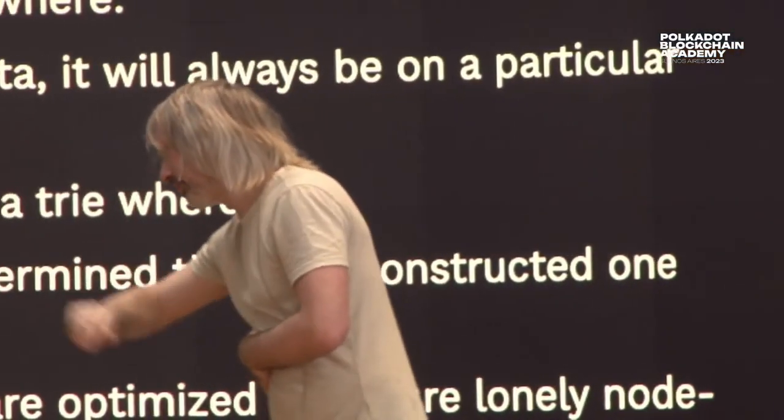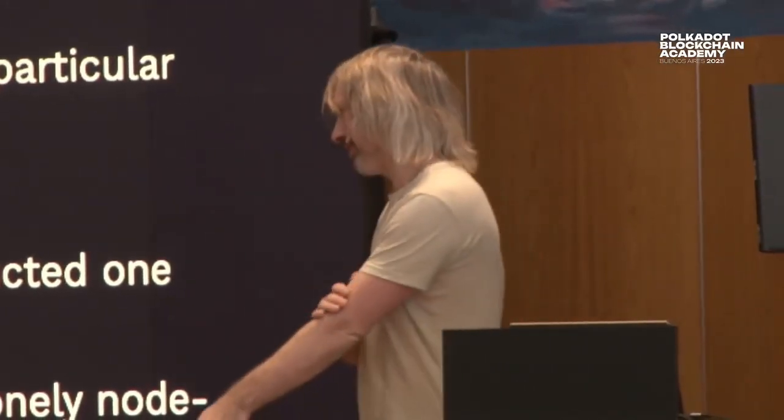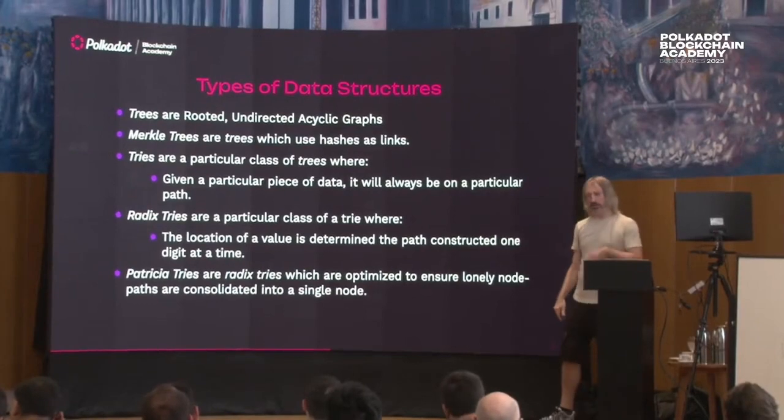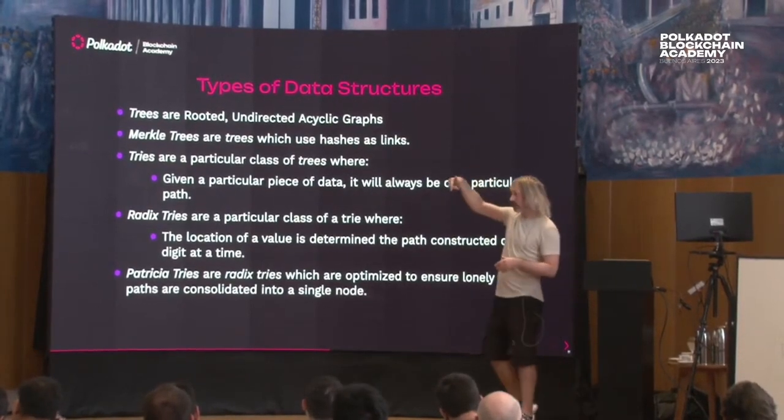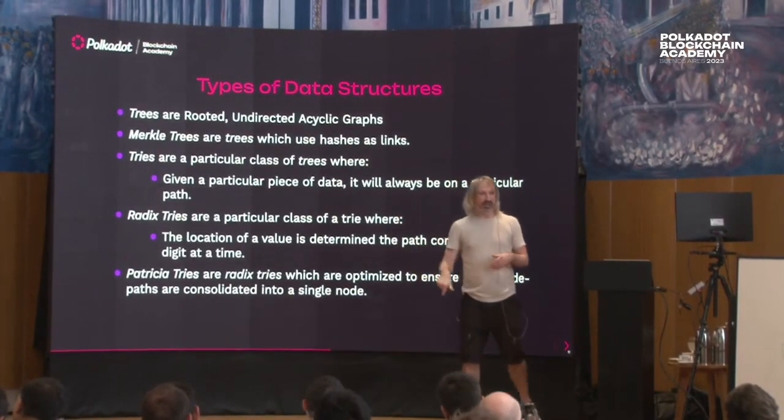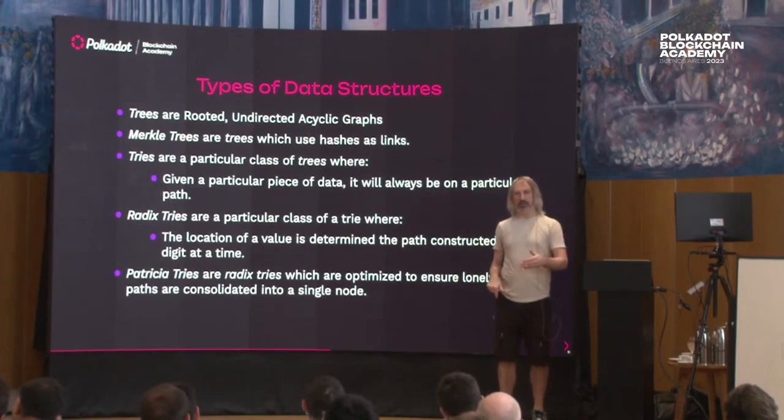And then there are Patricia tries, which are a variant of radix tries that have some optimizations, basically to avoid having to look at too many different paths. Because, of course, each time you go down a link, you have to look up a new hash. And hash lookups are slow. And of course, you add an extra hash to the proof.